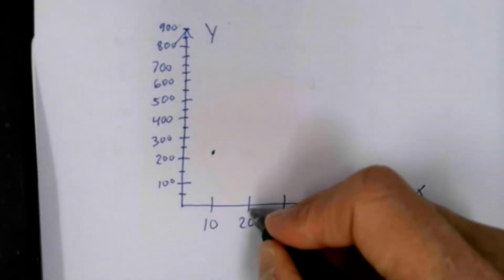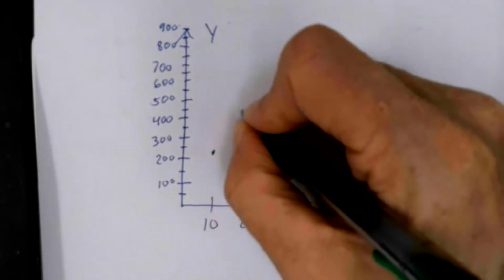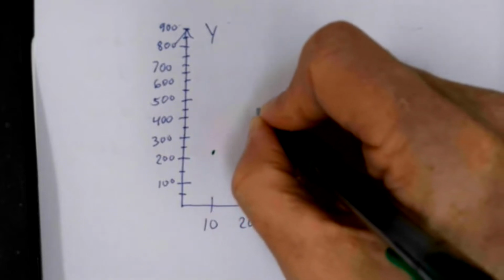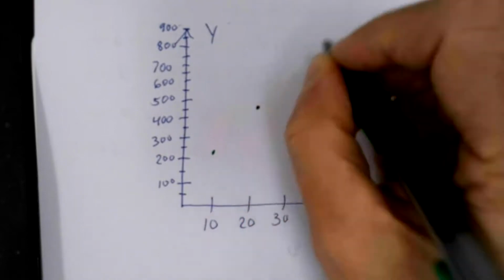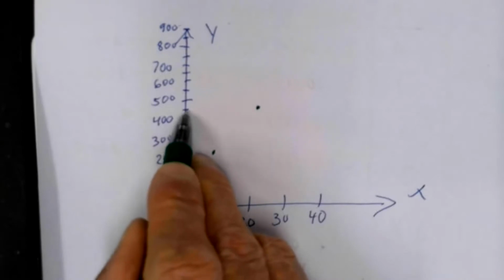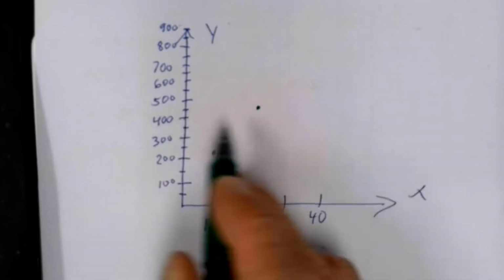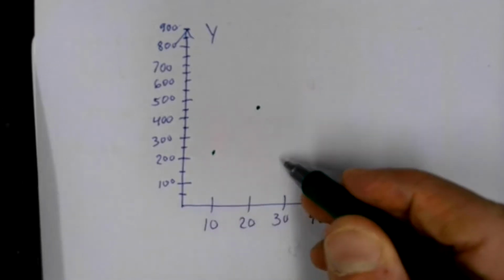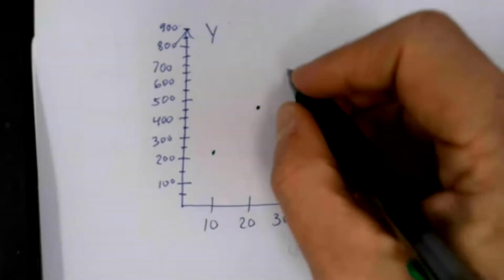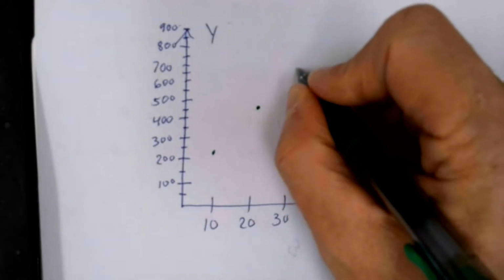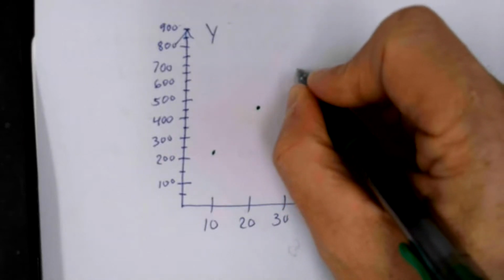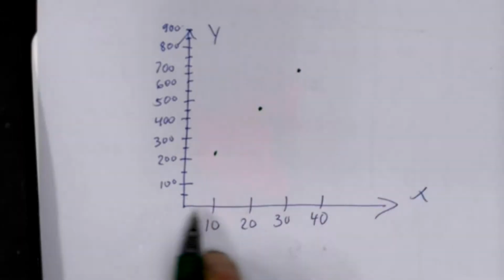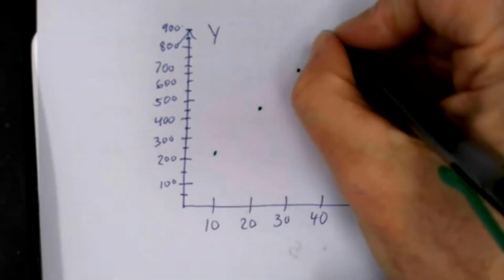Then 20 and 430. Again, you have to estimate just a little bit, right about there, a little in between 400 and 450, probably closer to 450. Then we're going to do 30 and 635. And then you can do 40 and 860 up here.